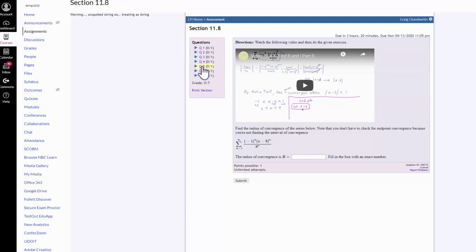Find the radius of convergence of the series. You don't have to check the endpoints. This was the one that wasn't cooperating, remember? It's only giving you half a point even though you do it right. But I sent you an email and I said I'd give you full credit at the end after you turn it in. Let's take a look.